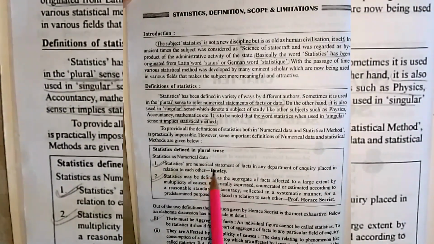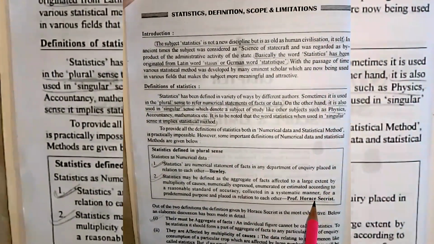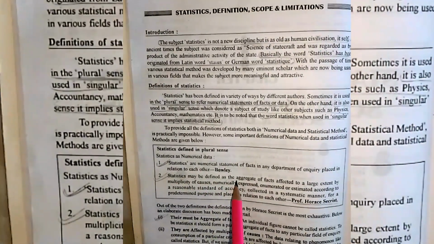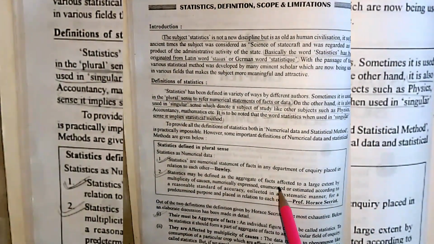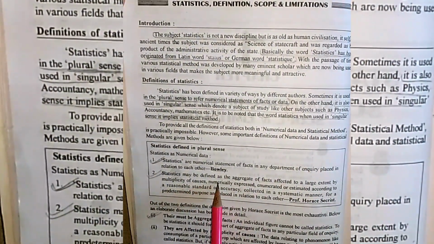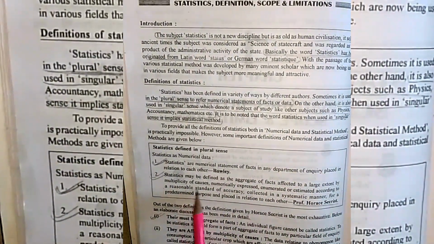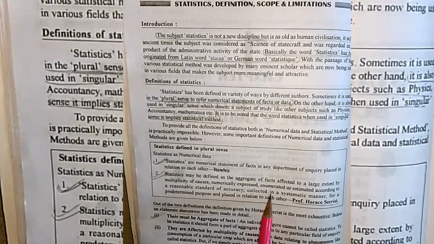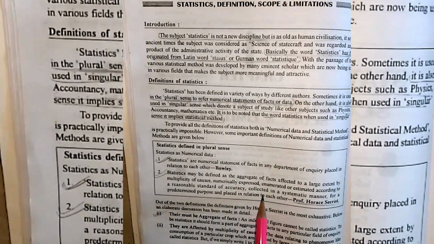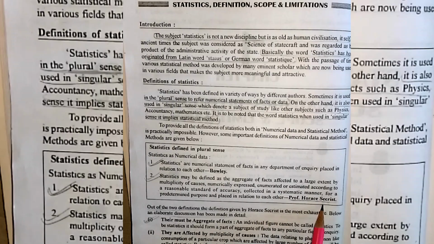Another statement was given by Professor Horace Secrist, which defines statistics as the aggregate of facts affected to a large extent by multiplicity of causes, numerically expressed, enumerated or estimated according to a reasonable standard of accuracy, collected in a systematic manner for a predetermined purpose and placed in relation to each other.